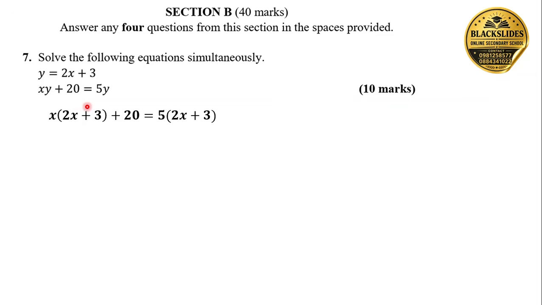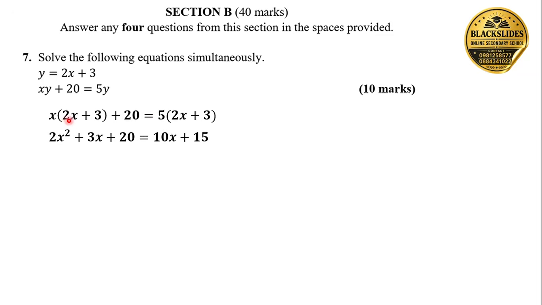So what we've done is not magical. We have just substituted 2x plus 3 for y in this equation, because the first equation is already in its simplest form. So just take 2x plus 3, bring it where there is y here. And then the job we have is to simplify, to expand, and bring terms together, and then find x.